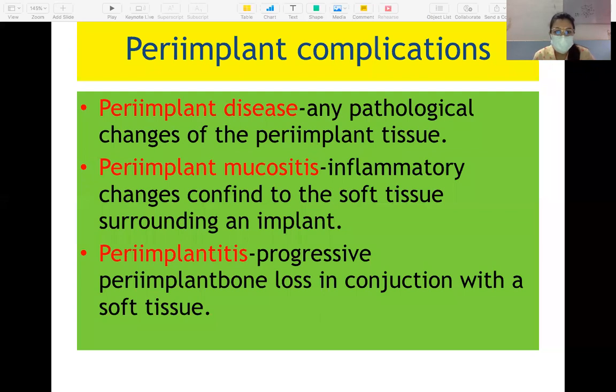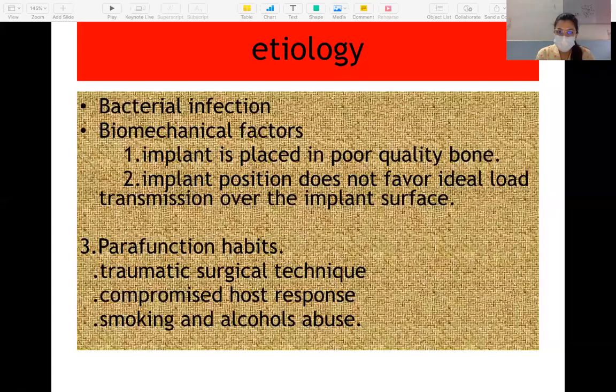That is any pathologic changes in the peri-implant tissue. Peri-implant disease can be peri-implant mucositis, which is inflammatory change around the soft tissue surrounding the implant, and peri-implantitis, which is progressive peri-implant bone loss in addition to the soft tissue changes.